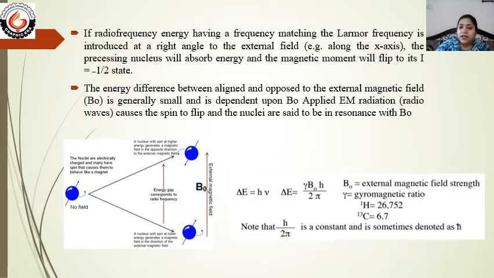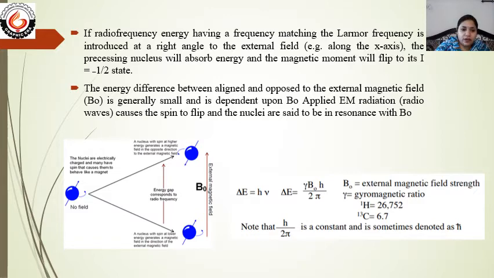Then we apply another radio frequency at a right angle to the external field, along the x-axis. The precessing nucleus will absorb the energy and the magnetic moment will flip to its I equals minus half state.